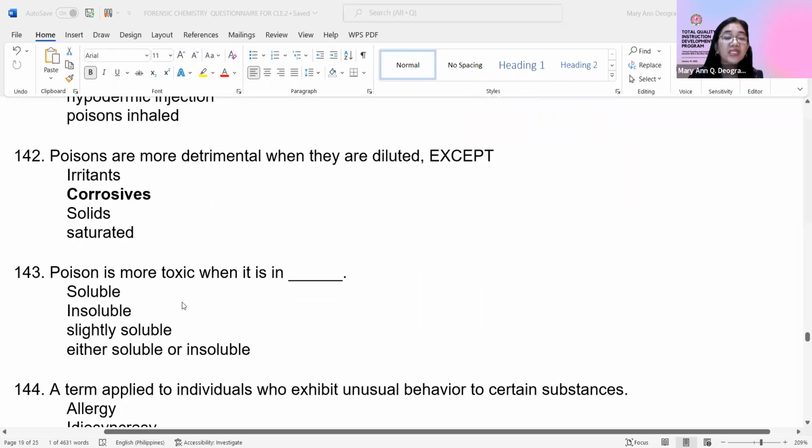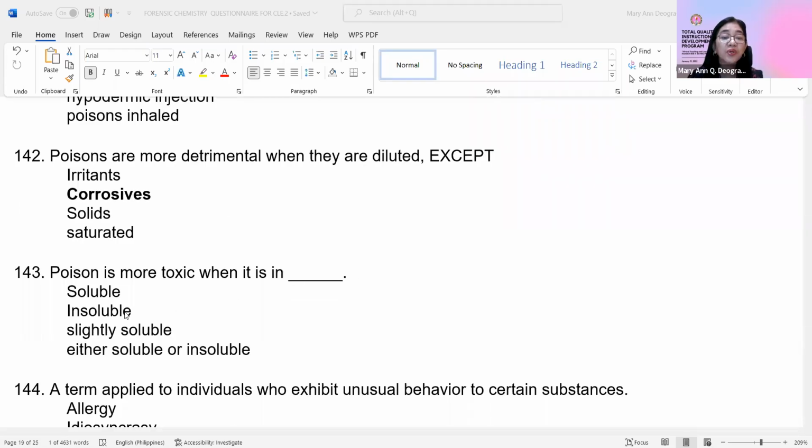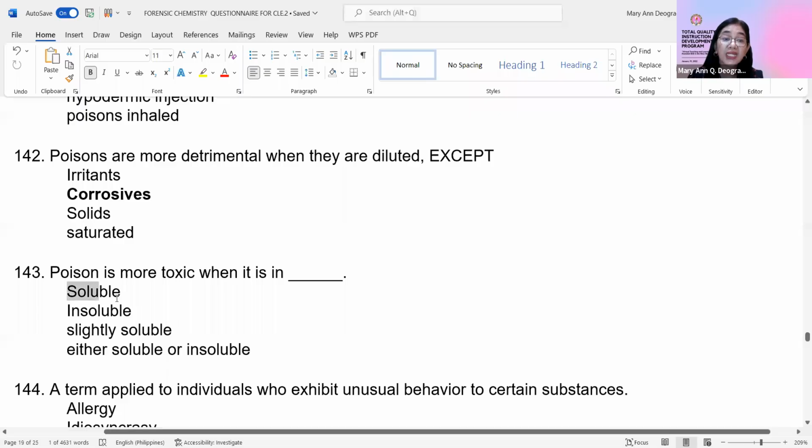A poison is more toxic when it is soluble, insoluble, slightly soluble, either soluble or insoluble? Kailan mas delikado ang poison? Pag madaling matunaw or hindi natutunaw? Okay, soluble. Ha? Kasi kung soluble ang poison, madali siyang humalo sa bituka natin, lalo kung nakain yung poison.